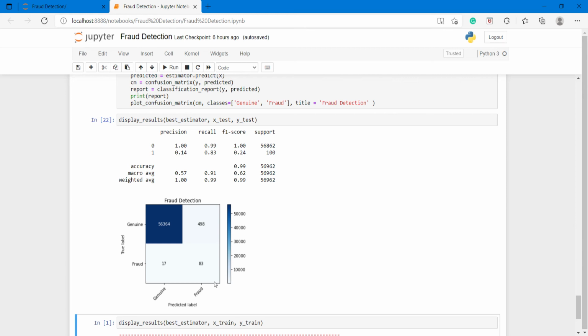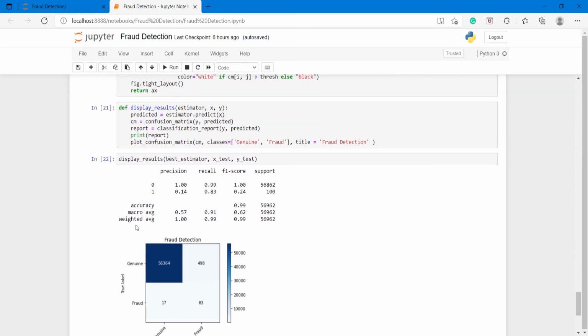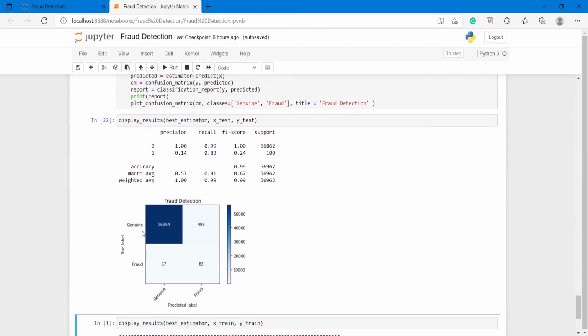The important things to be noted are accuracy, precision and recall. Before going to this, let me explain how we calculate accuracy, precision and recall. Generally we have this value, like 5634, which we call a true positive value.